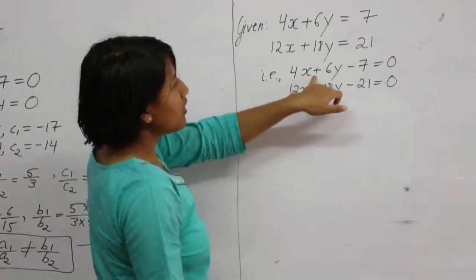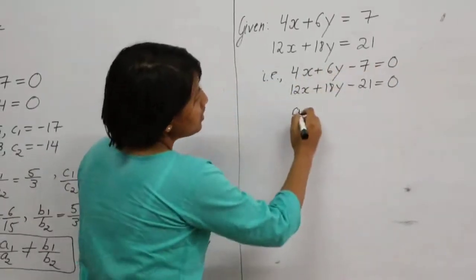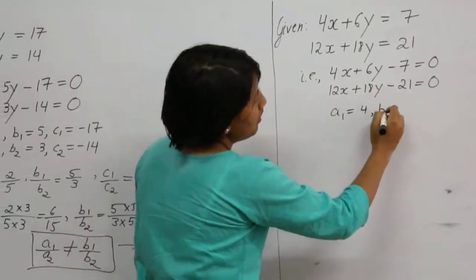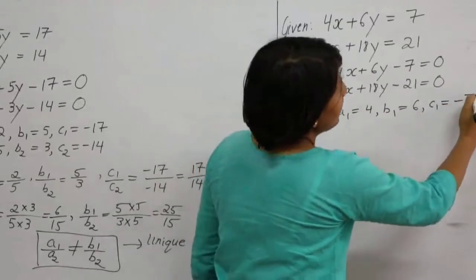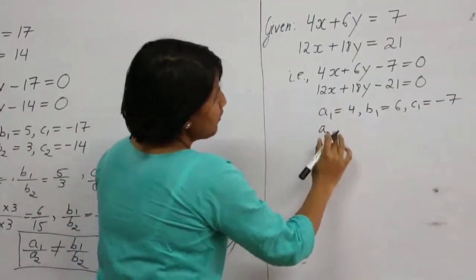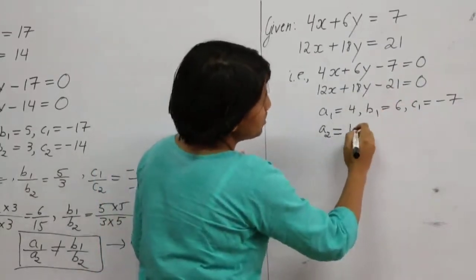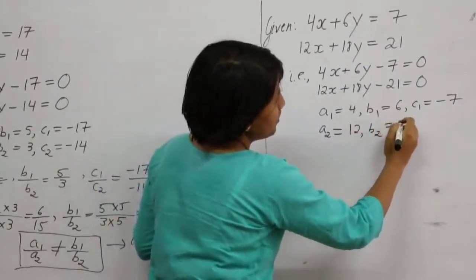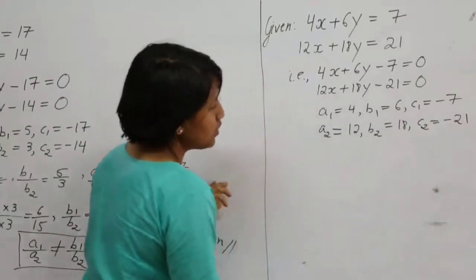This one is a1x plus b1y plus c1. So a1 will be 4, b1 will be 6, c1 you take with the minus sign, so minus 7. This one represents a2x plus b2y plus c2, so this one is 12, this one is 18, and this one is minus 21.